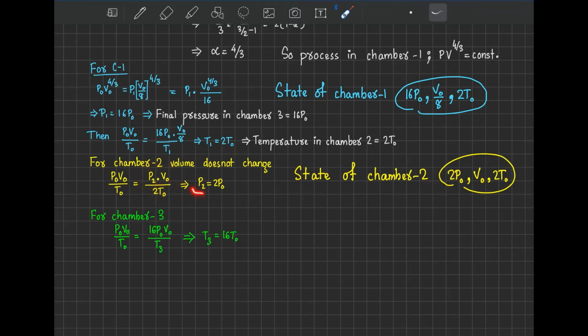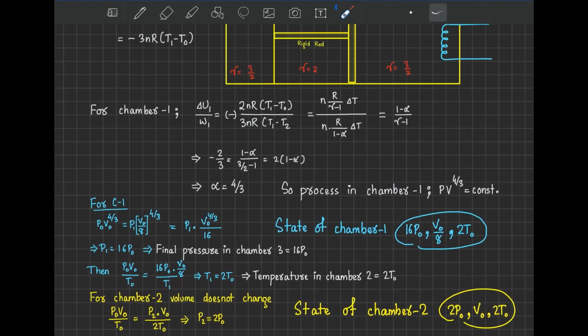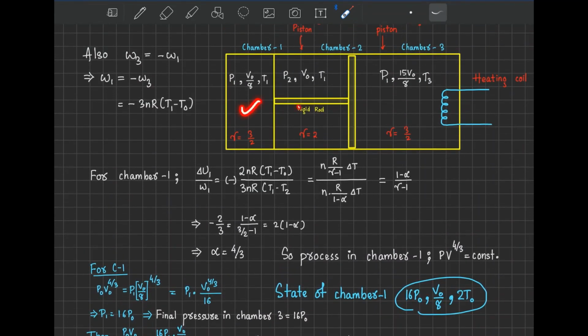By equating this we get P2 equals 2 P0. So this is the final pressure in the second chamber. Now we have already solved chamber 1 and chamber 2. Here pressure is 16 P0, volume V0 by 8 and temperature 2 T0. Here we got pressure 2 P0, volume V0 and temperature 2 T0.